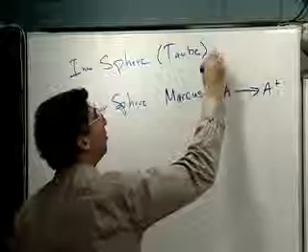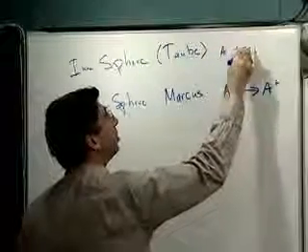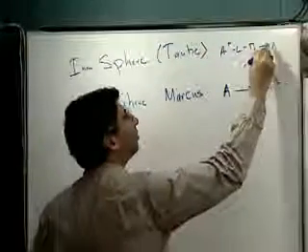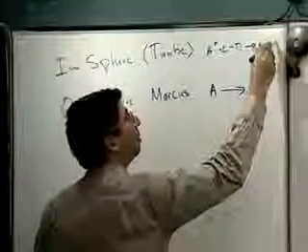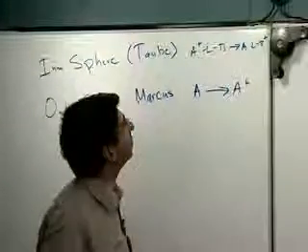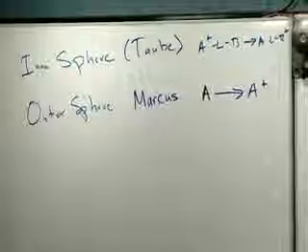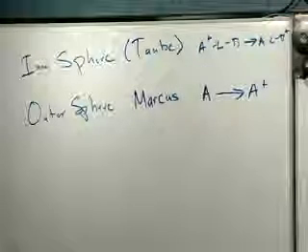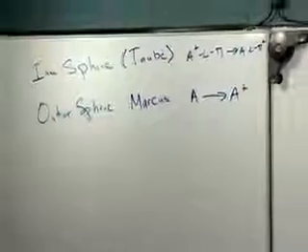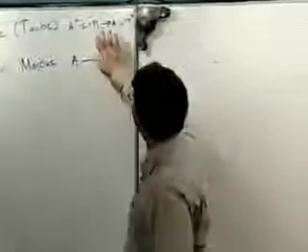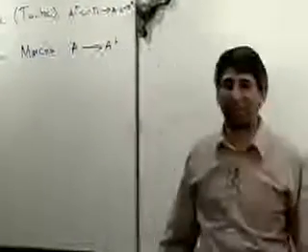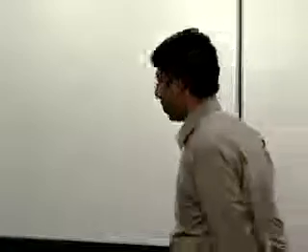And the inner sphere would involve some sort of a bridge like that, where the electron somehow travels through the bridge to get to the other side. Taube certainly did look at both, but is well known for finding this particular mechanism. And Marcus is well known for teaching us how to understand this particular mechanism.